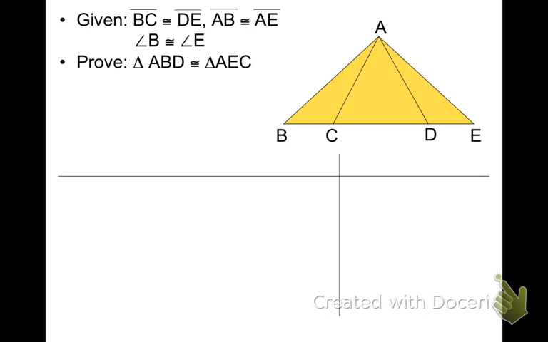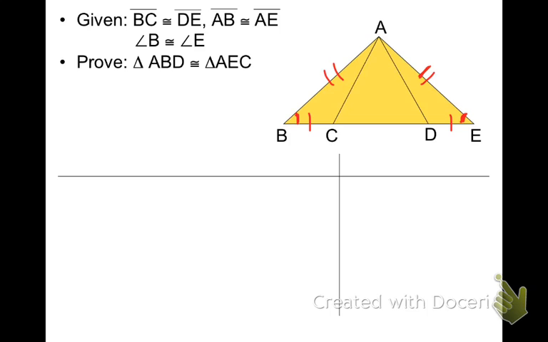Okay, if we can keep our triangle straight in this diagram, I think we'll be on our way to a pretty simple proof. Segment BC is congruent to DE. So that's this segment and this segment. AB is congruent to AE, so these two outside segments, and then angle B is congruent to angle E. So now we want to prove which two triangles.